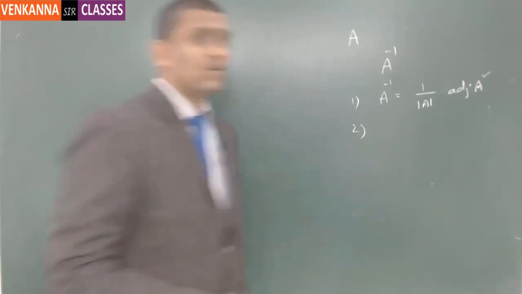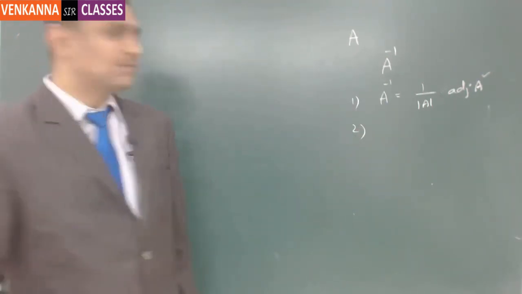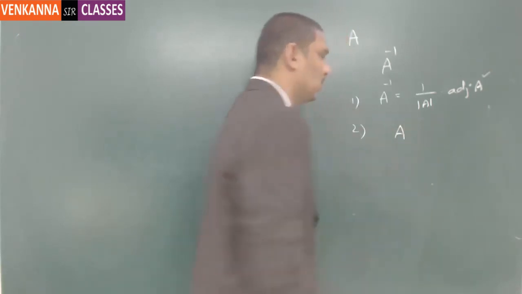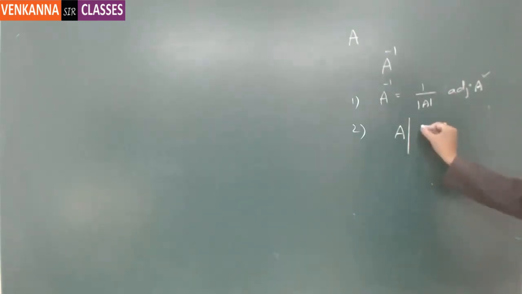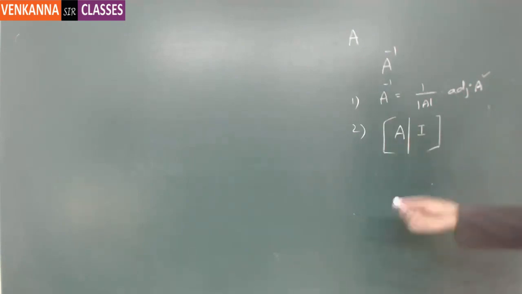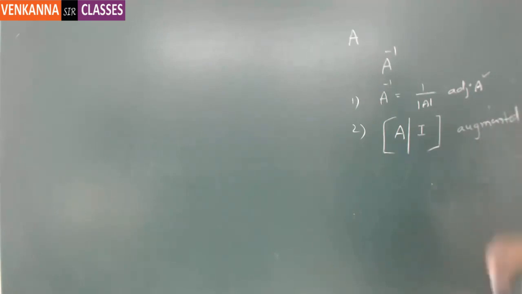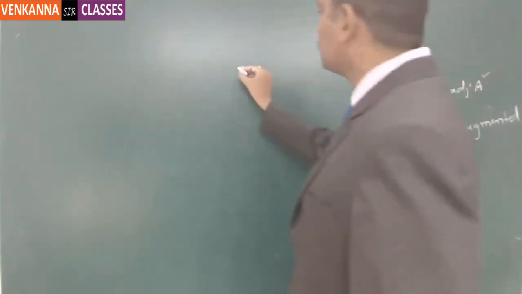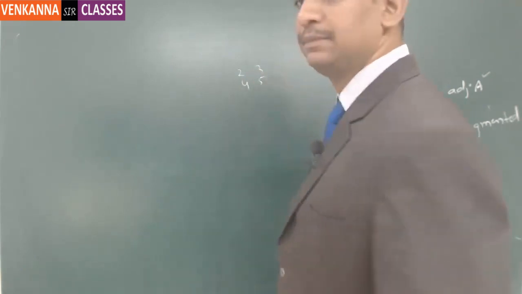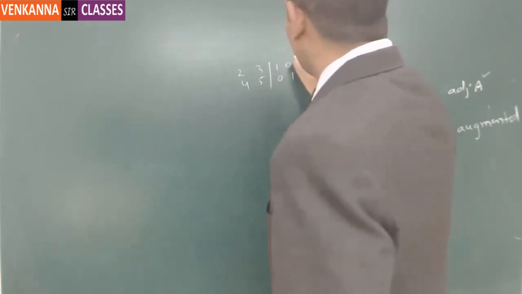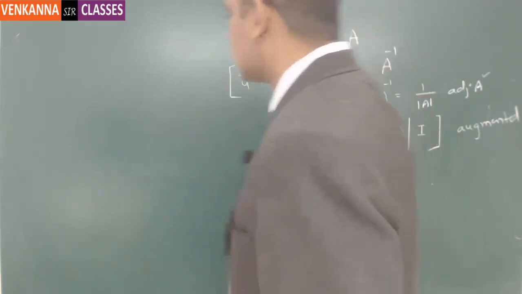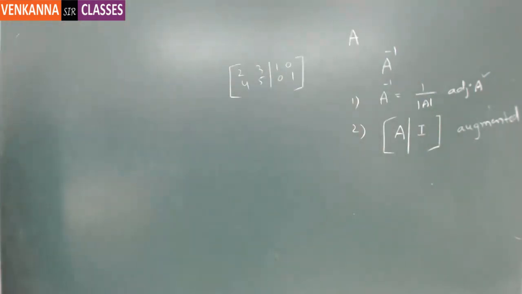And second, we call it the Gauss-Jordan method. We take the matrix A, draw a partition, and consider the identity matrix of the same order as A. We call this the augmented matrix. Suppose A is equal to 2, 3, 4, 5. The corresponding identity matrix is 1, 0, 0, 1. Taken together, we call it the augmented matrix [A | I].